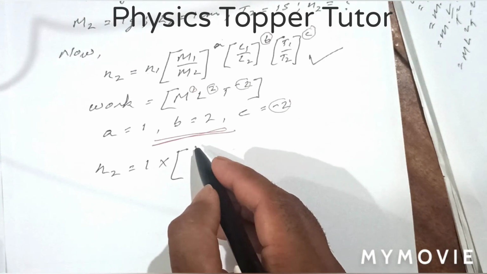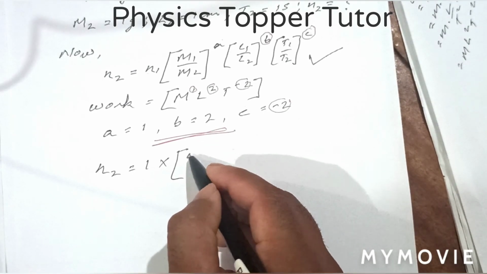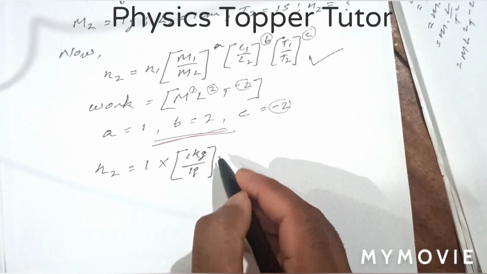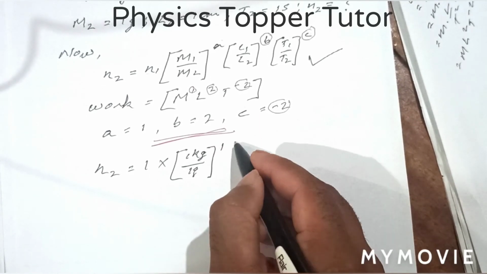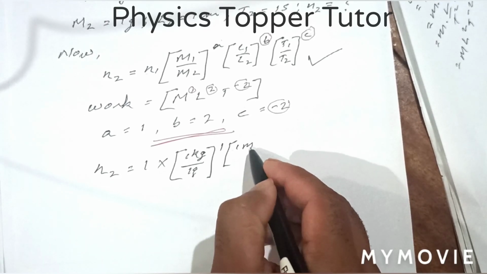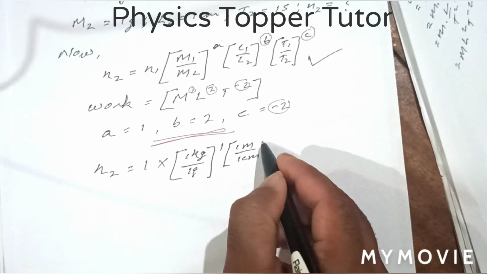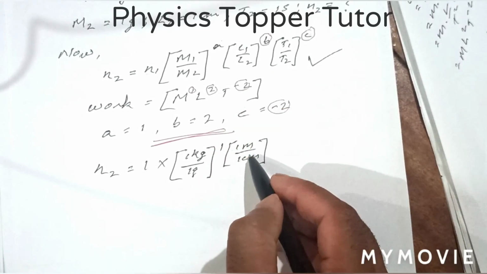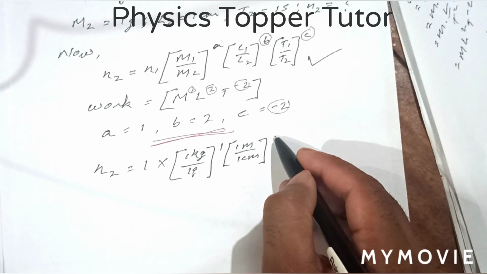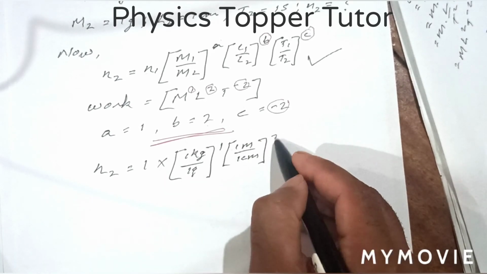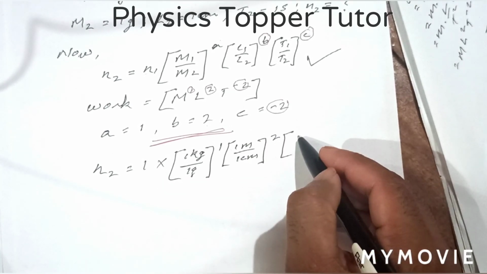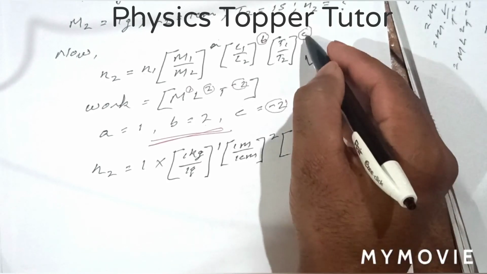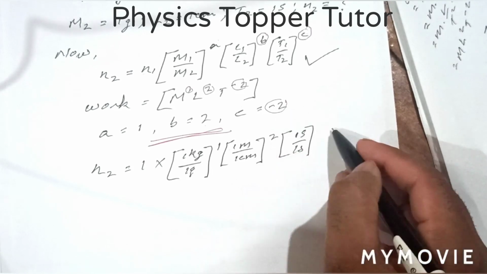Likewise we are going to put the value of M1 1 kg by 1 gram, and its power A is 1, meter by 1 centimeter, since L1 is 1 meter, L2 is 1 centimeter, and its power B is 2, and time 1 second, and its power C is minus 2.